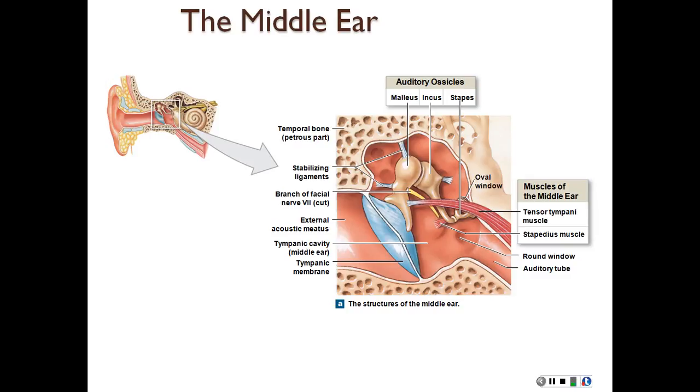What these muscles do is prevent the vibration from becoming that drastic. But they only work if it's over a long period of time. If it's a sudden loud sound, that happens too fast for those muscles to respond. So they protect the eardrum from over vibrating due to loud sounds.